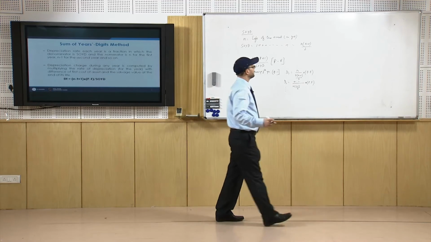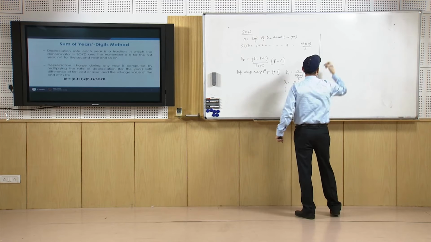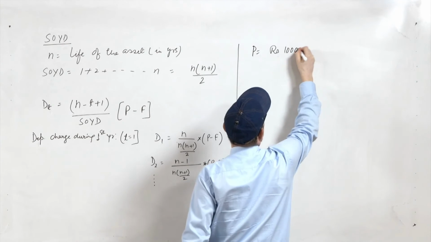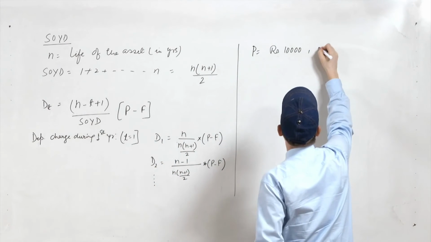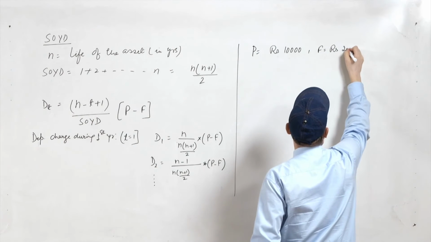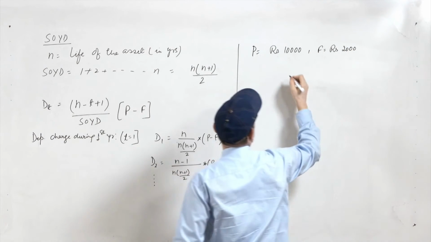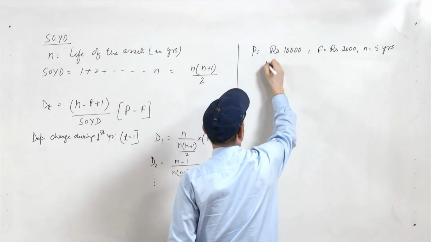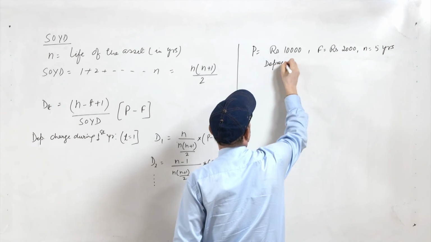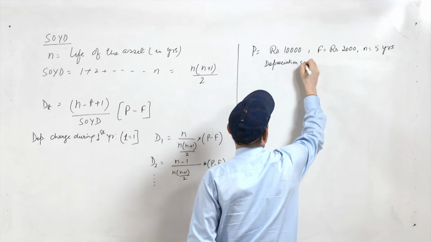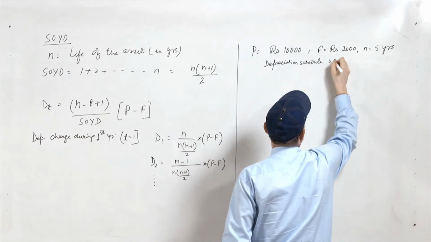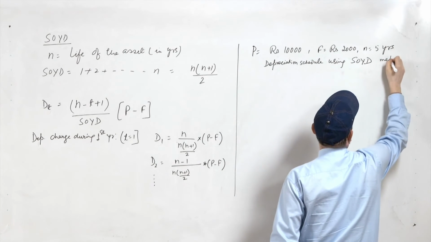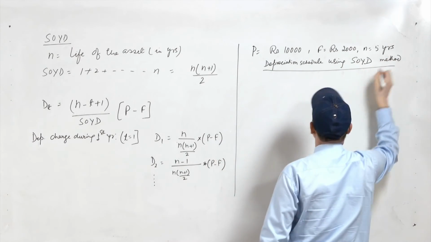Suppose you are given P as rupees 10,000, F as rupees 2,000, and n as 5 years, and you have to calculate the depreciation schedule using the SOYD method.